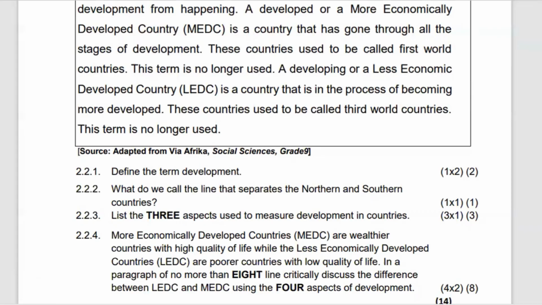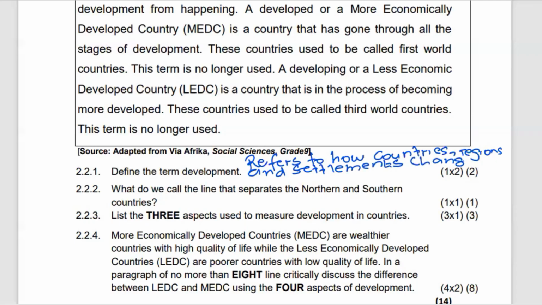All right. So with development, it refers to how countries, you can call them regions, and settlements change, progress, and improve over time.